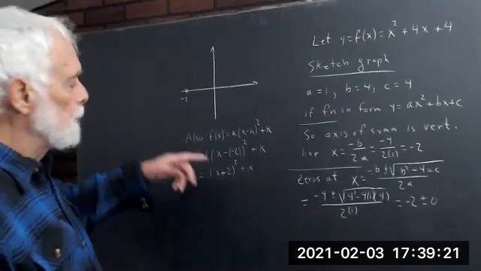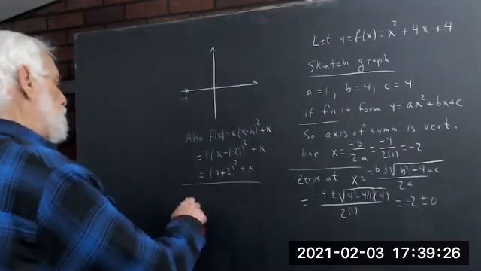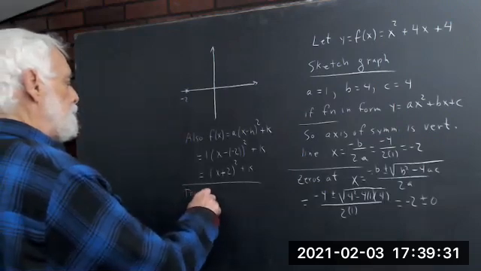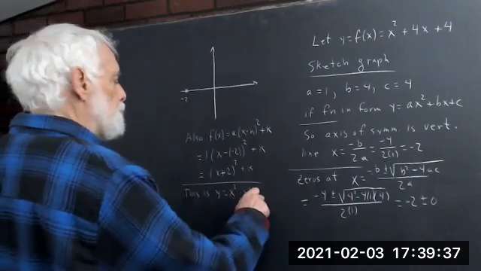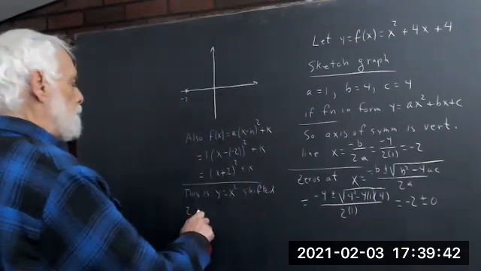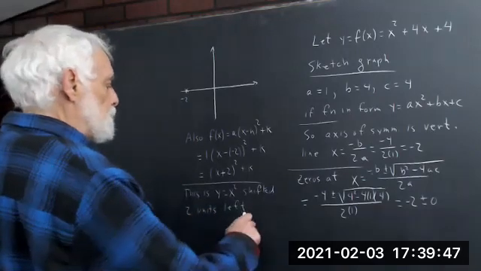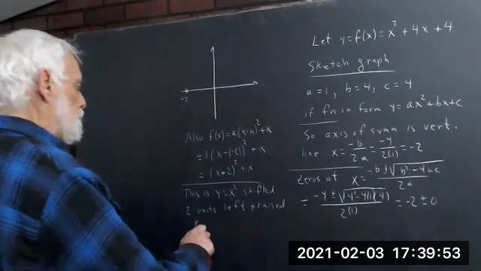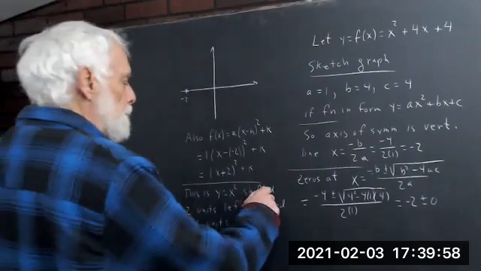This is y equals x squared shifted 2 units to the left and raised k units.